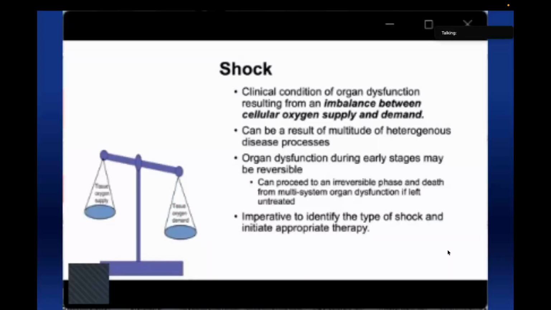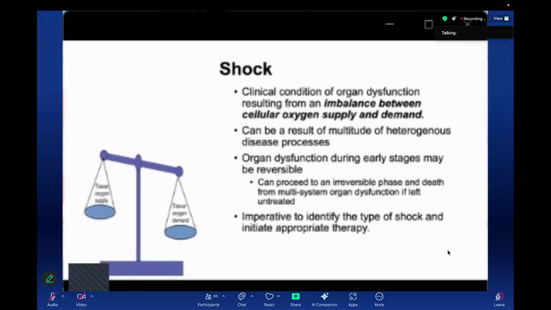However, it can proceed to an irreversible phase and death from multi-system organ dysfunction if left untreated. That's why it's very imperative to identify the type of shock and initiate appropriate therapy.